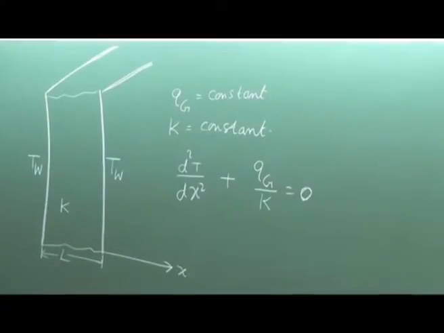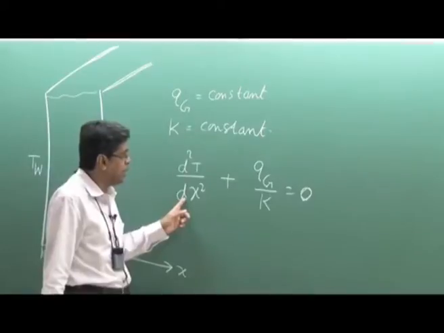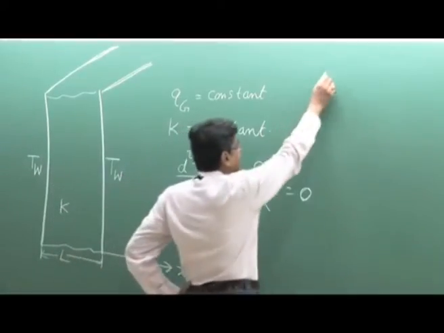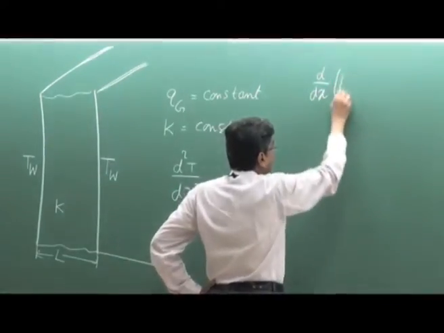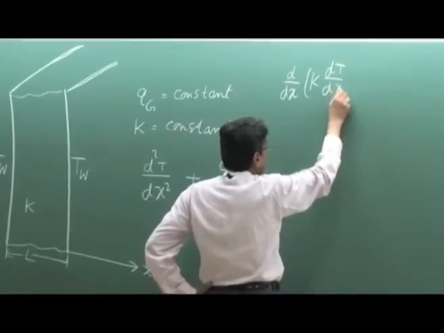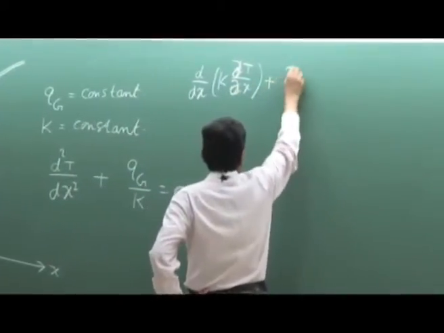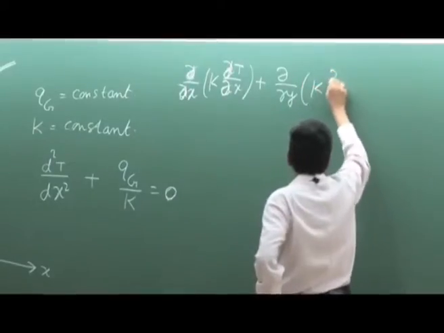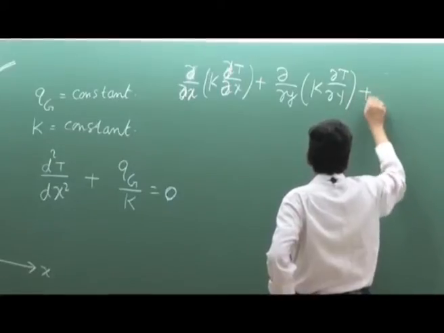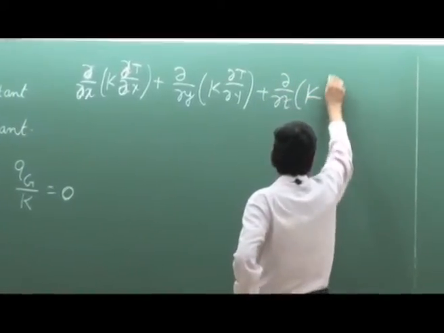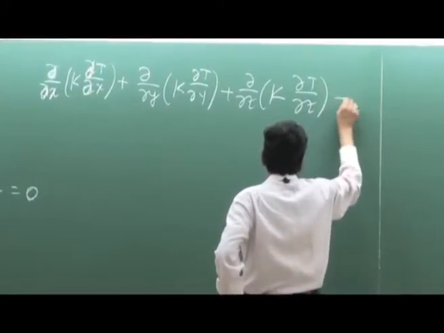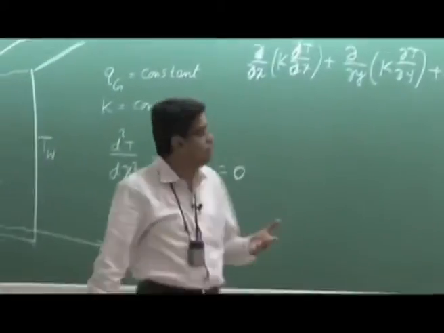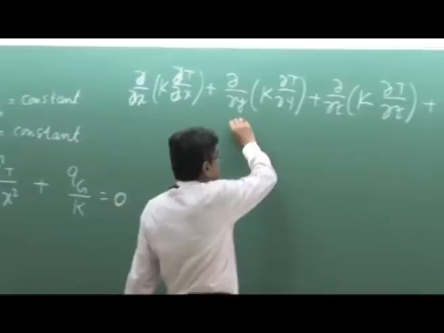If you write it again, you get d/dx of k dT/dx, plus d/dy of k dT/dy, plus d/dz of k dT/dz, plus qg is 0, because the temporal derivative of temperature with time is 0 for steady state. For one-dimensional conduction, the y and z terms will be 0.